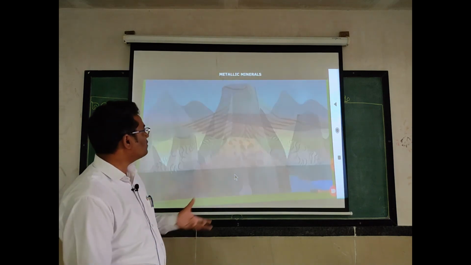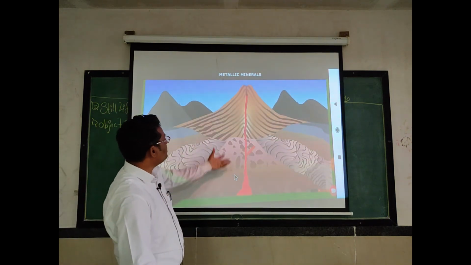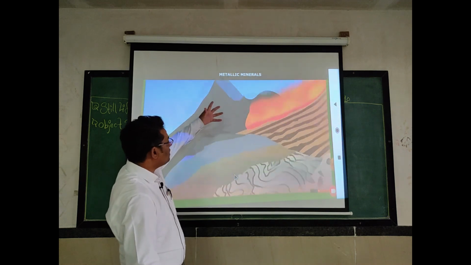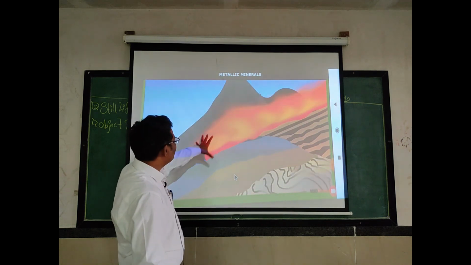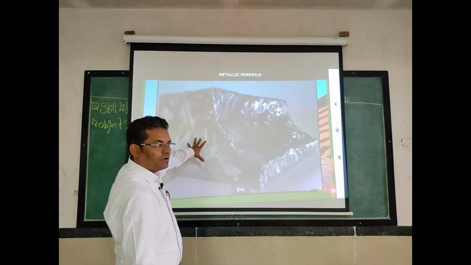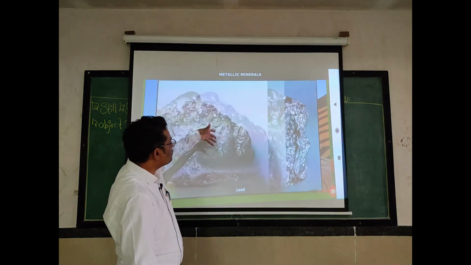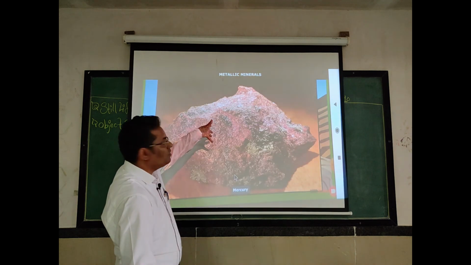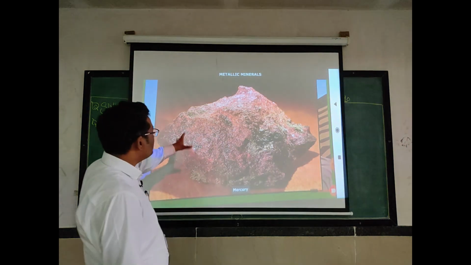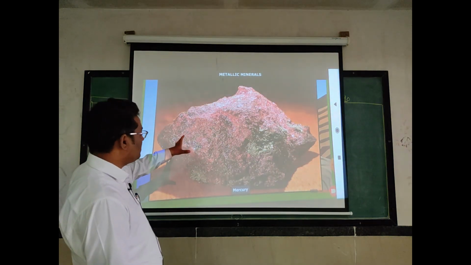See, igneous rocks, when through the volcano, the lava comes out, that lava is somewhere settled, and because it becomes cold, it turns into rock. So there are rocks with different minerals.